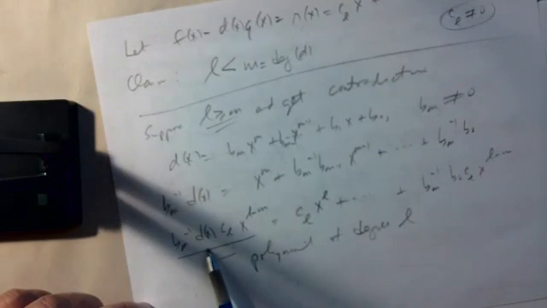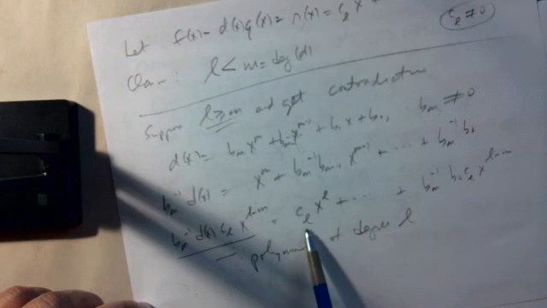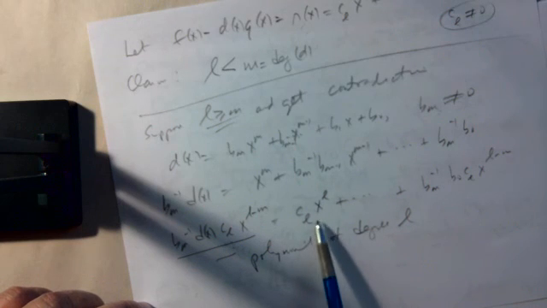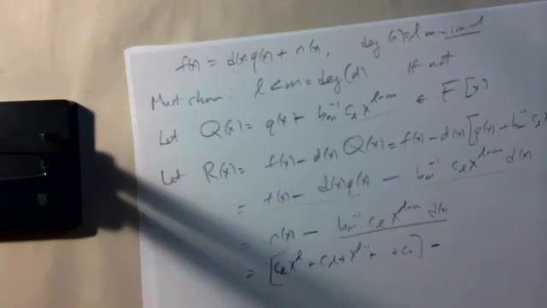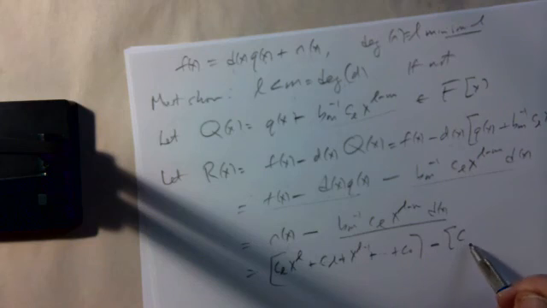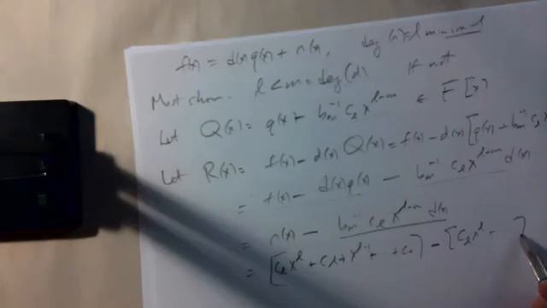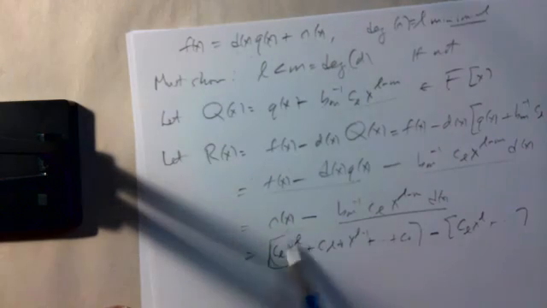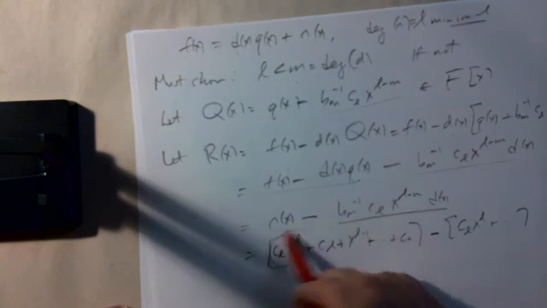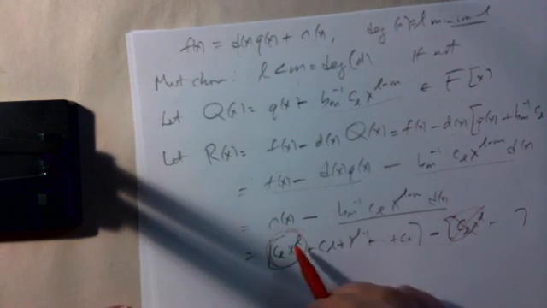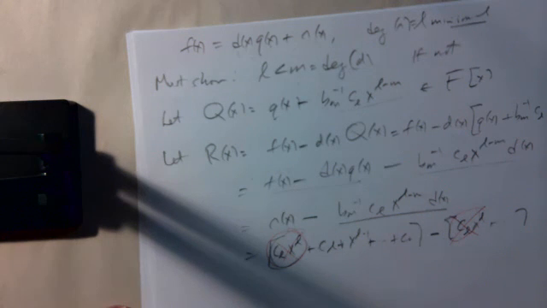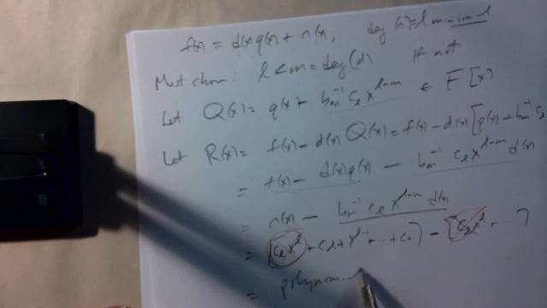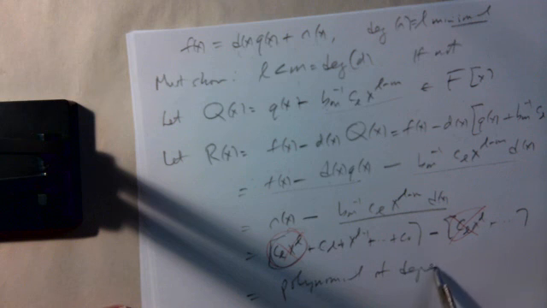And that b sub m inverse c sub L x to the L minus m d of x was a polynomial whose leading term was c sub L x to the L, plus other stuff. And you'll notice these two terms cancel. So what we're left with is a polynomial of degree at most L minus 1.